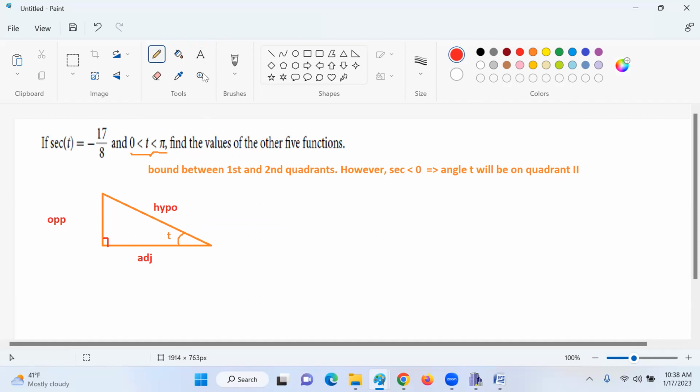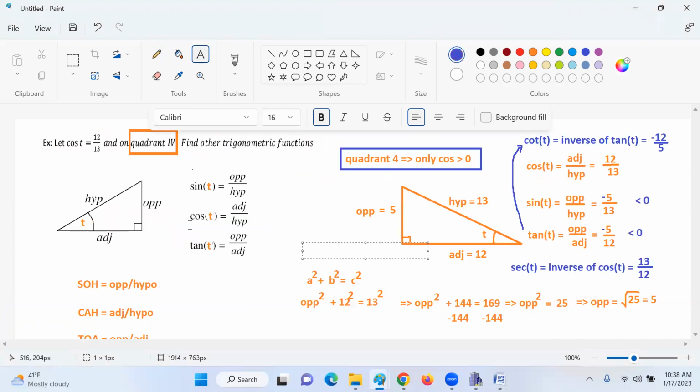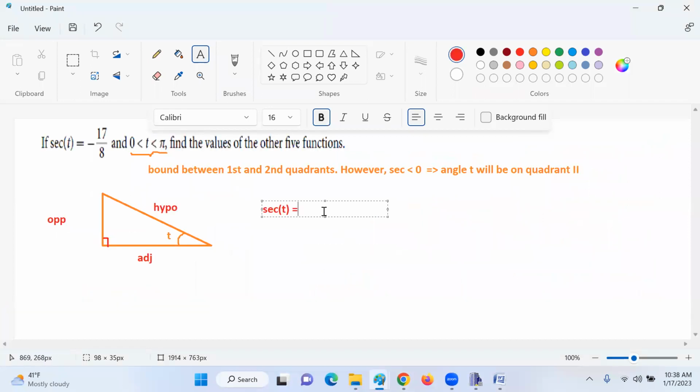Anyhow, given the secant, what is the secant? The secant is not given directly by the trig ratios, but we understand that the secant is the reciprocal of cosine. We memorize it: the secant is the reciprocal of cosine of t.